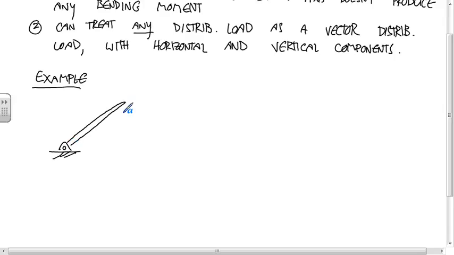Let's say you have a beam resting against a wall connected to a pin joint down here. Let's say that this angle is 30 degrees. And let's say that the length is 4.8 meters. Let's say the mass is 2,000 kilograms.